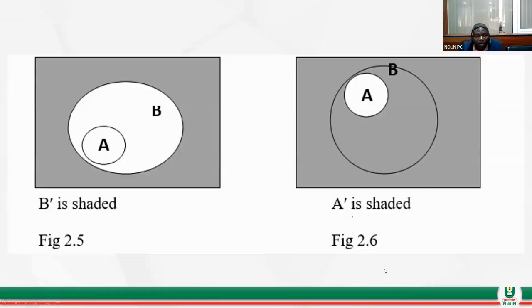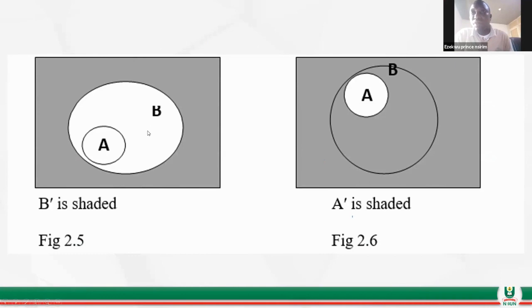Check figure 2.5. Can you see B complement? A is inside of B. A and B are inside the universal set. That rectangular box is the universal set. Can you see it? Yes, sir.